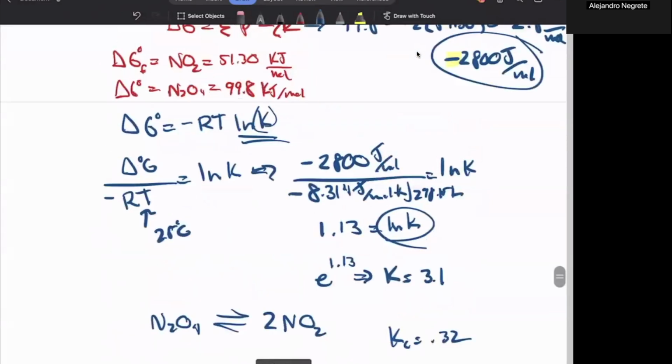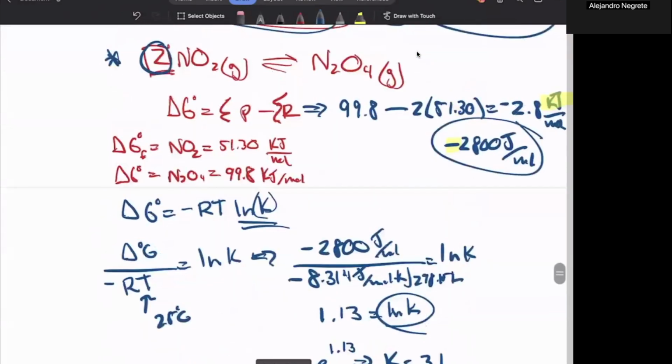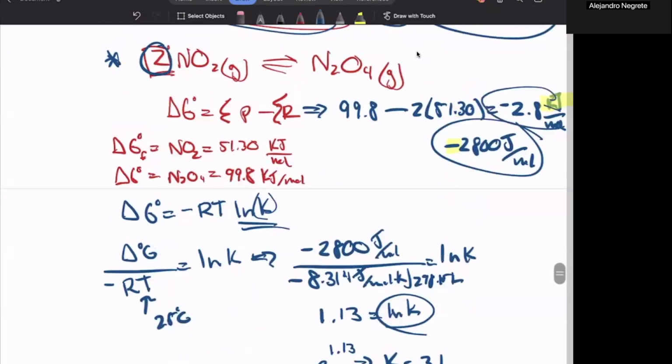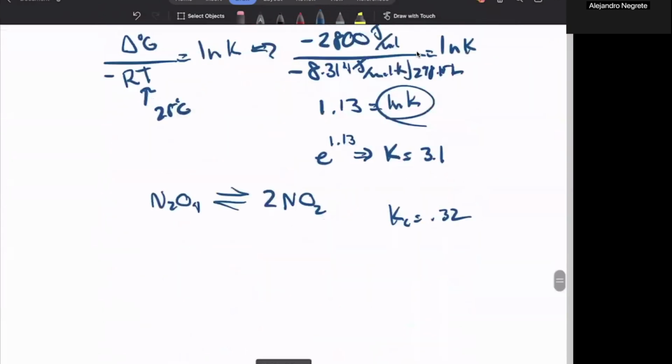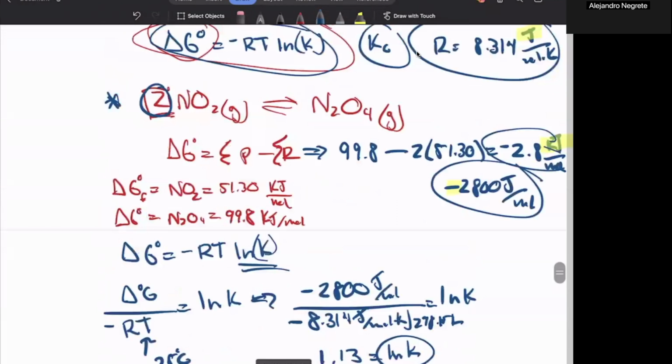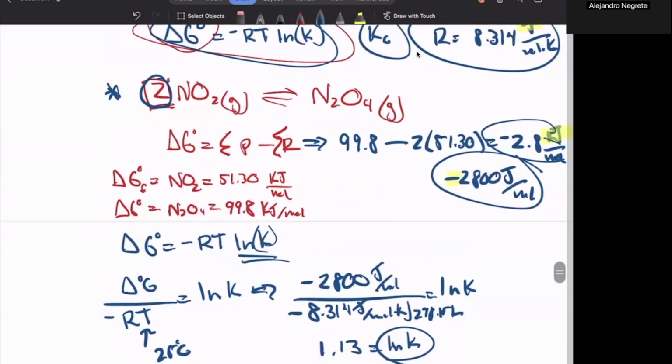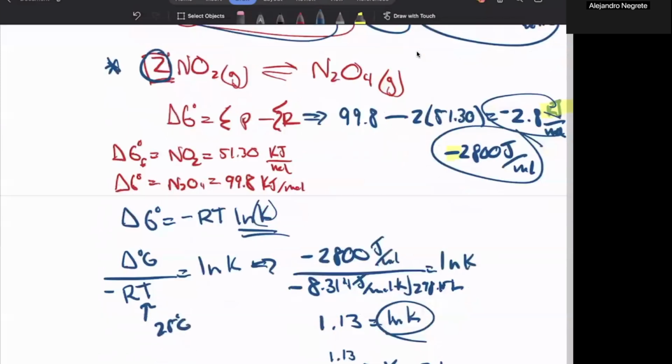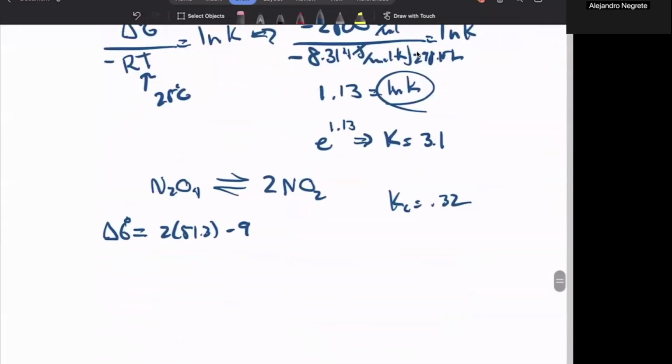So again, products over reactants. If we use this to calculate, products over reactants, we're going to have 2 times 51.3 minus 99.8.